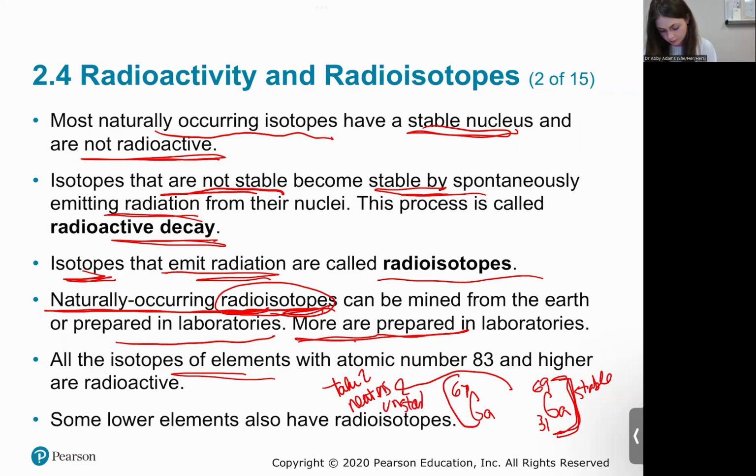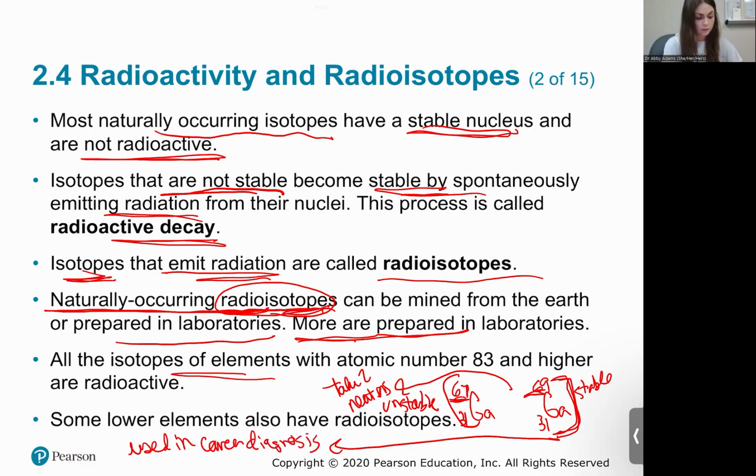It's not stable. You just changed the mass number because you took 2 neutrons. The number of protons stays the same. So this is radioactive, and actually this is a radioisotope used in cancer diagnosis.